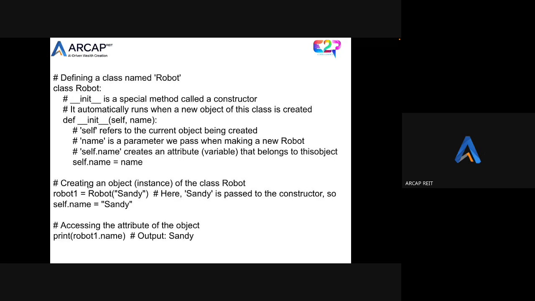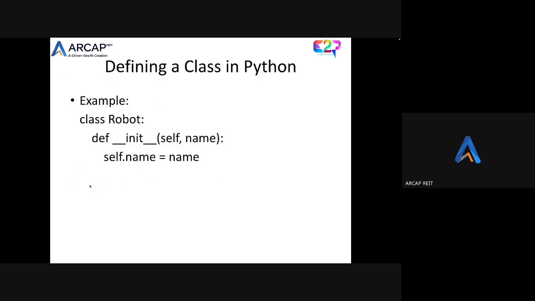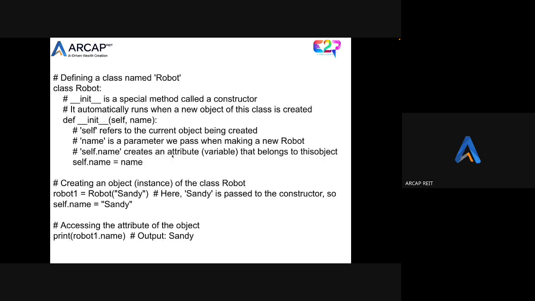While creating an object, how do we create it? We have to use the class name and give the name value also. So here Robot is the class name, and the value is Sandy. This Sandy will go to the constructor and be stored in the variable called name.